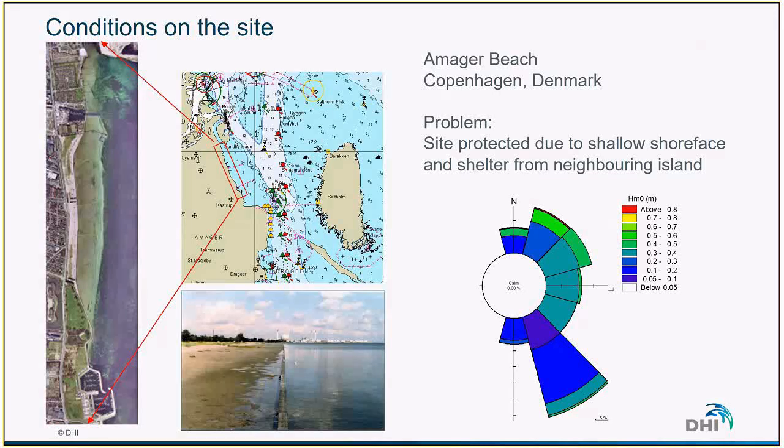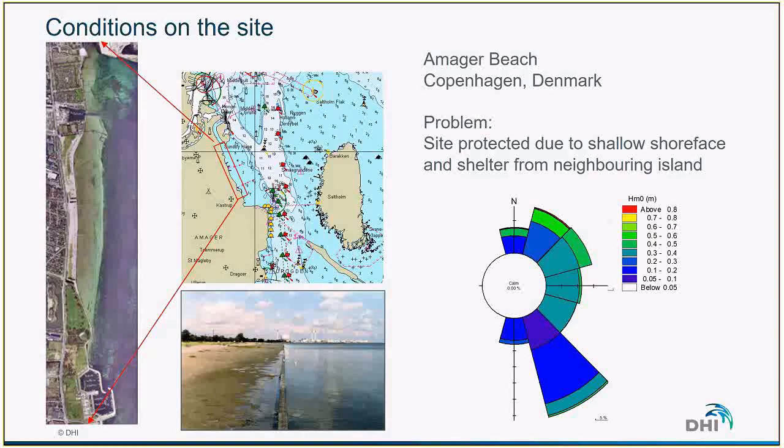So we can see here on the wave roses that the significant wave height is nearly never above 80 centimeters, which is very low. And as we've seen in the previous webinar, the exposure of the beach to the waves drives the quality of the beach.